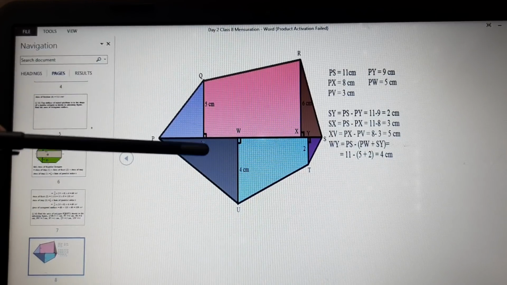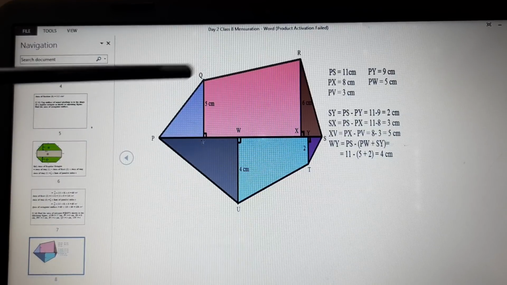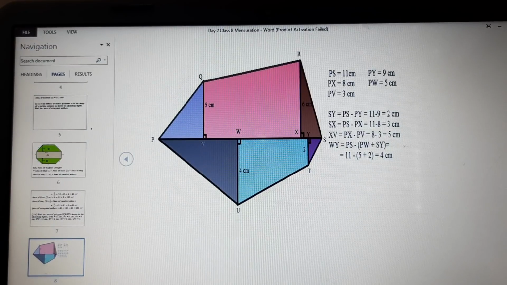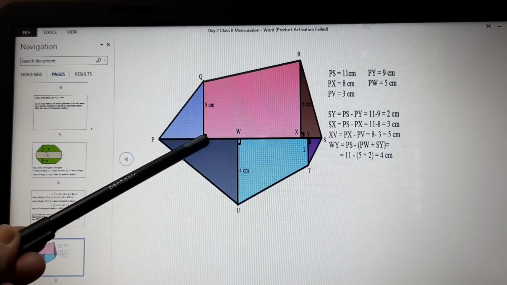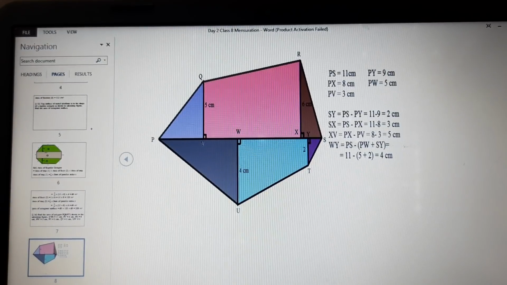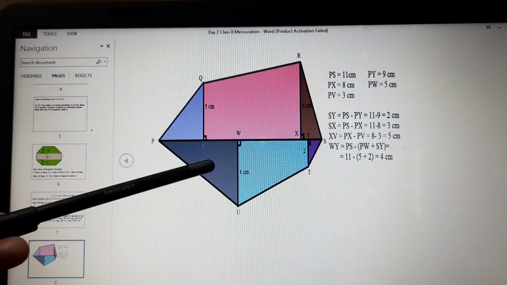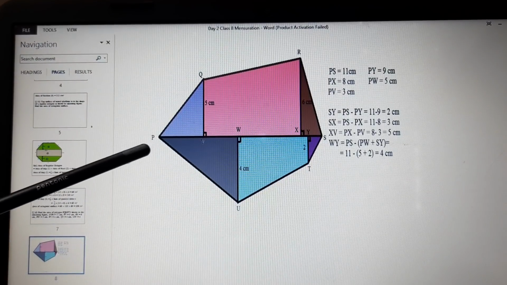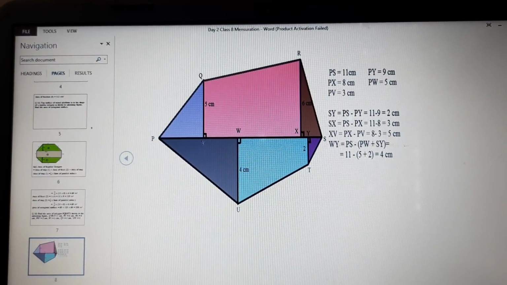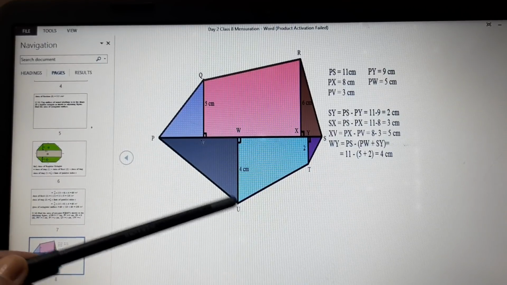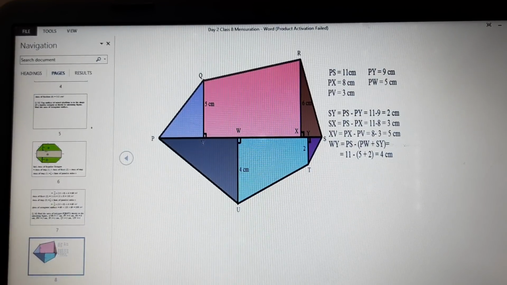Again, we have a triangle PVQ. PV is directly given, 3 centimeter, so the base will be 3 and the height is 5 centimeter. Then we come to triangle PWU. The height is 4 centimeter, the base is PW.